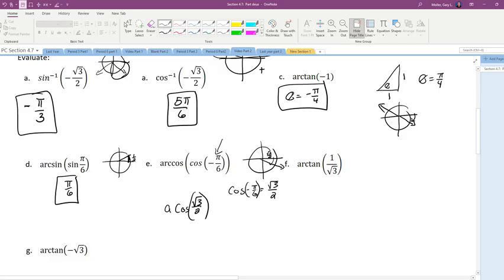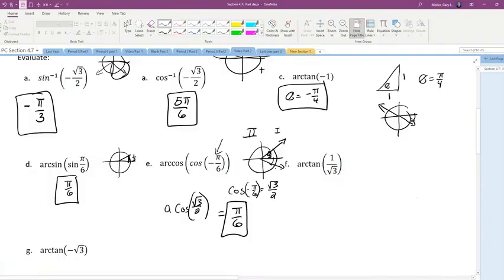So it's going to give this answer right here. So if we ask the calculator what is the arc cosine of root 3 over 2, it's going to give me an answer of pi over 6. Because it also has the same cosine as negative pi over 6, but arc cosine gives me the answer in quadrant 1 and quadrant 2.